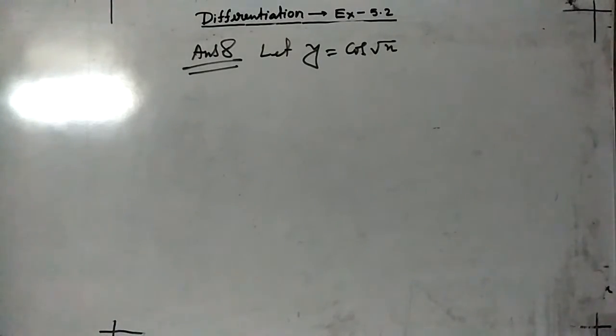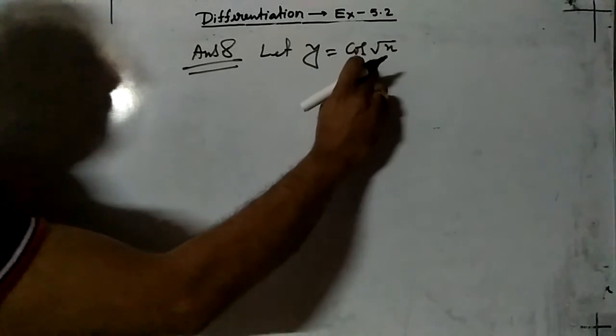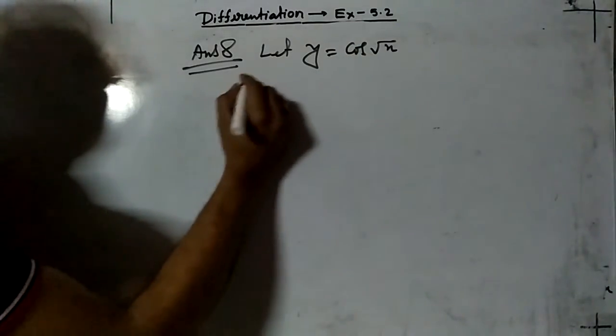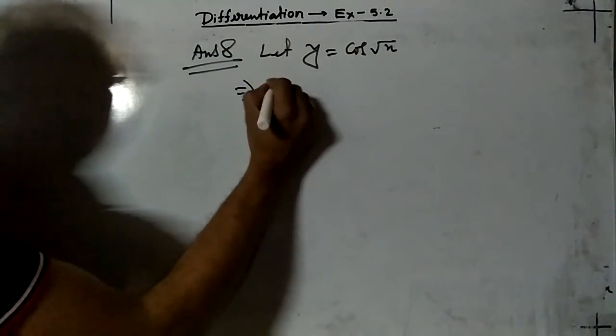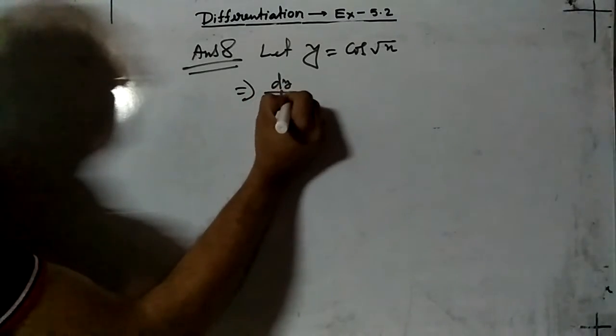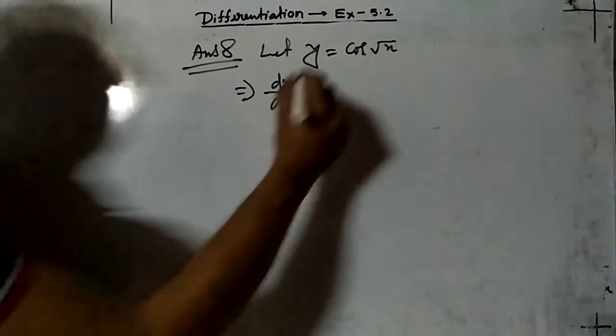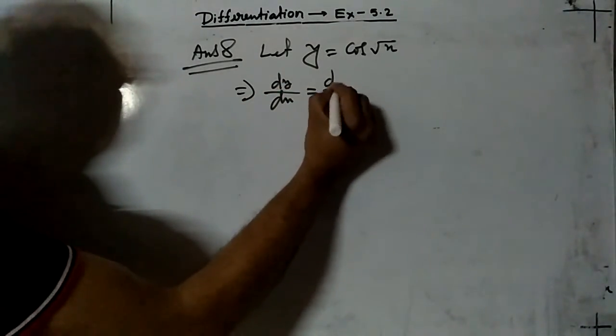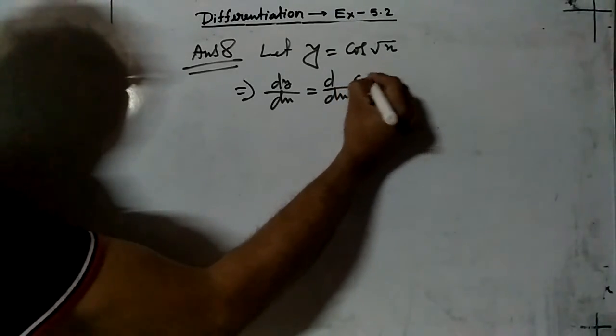So here cos root x is also a composite function. If you differentiate both sides, then dy by dx equals the derivative of cos root x.